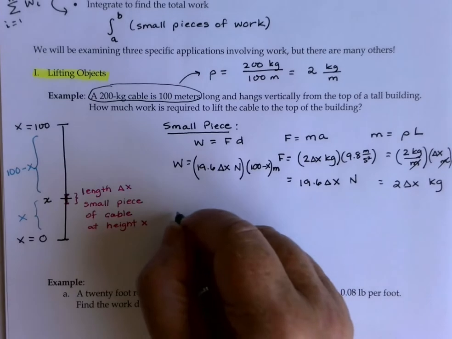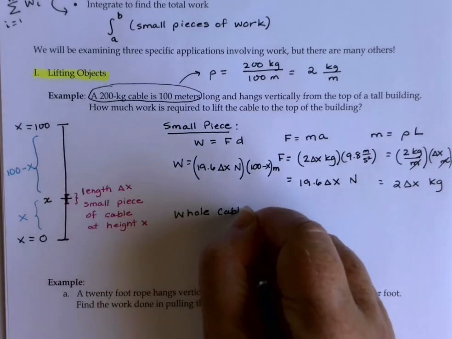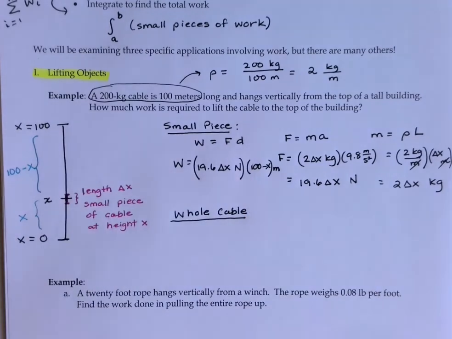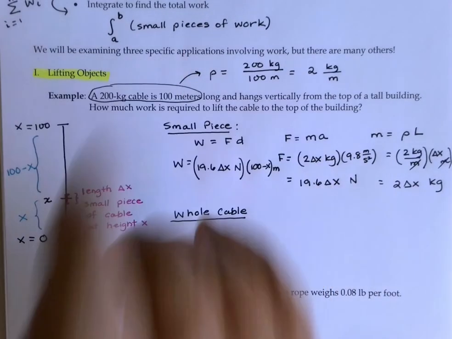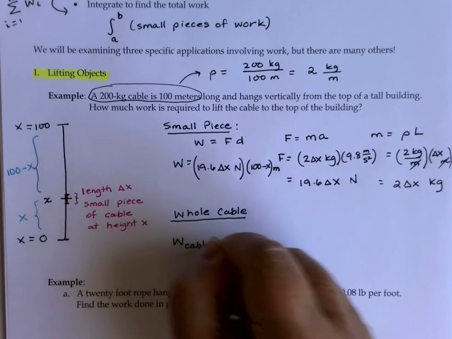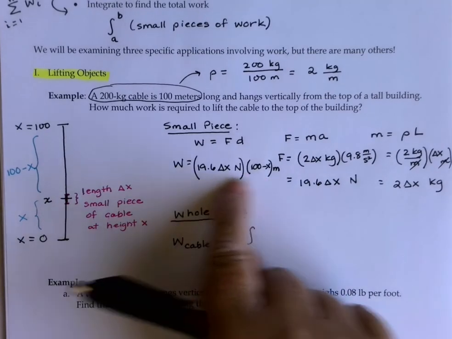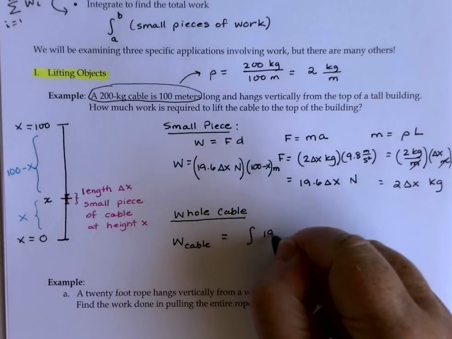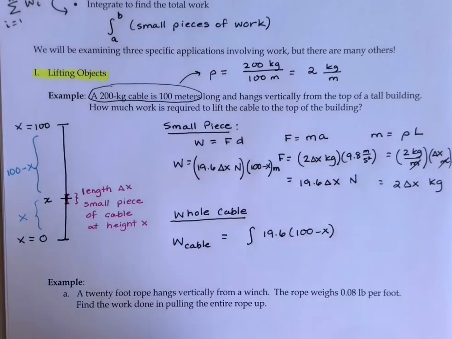All right, let's now translate this to the whole cable. To do the whole cable, we're going to integrate these small pieces of work. So the work for the whole cable is going to be the integral of our work expression, 19.6 times 100 minus x.